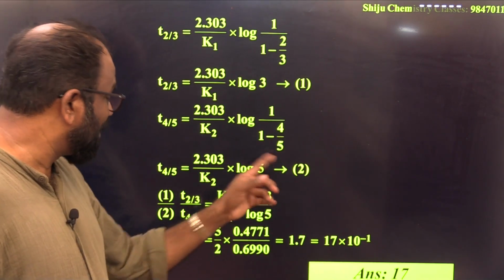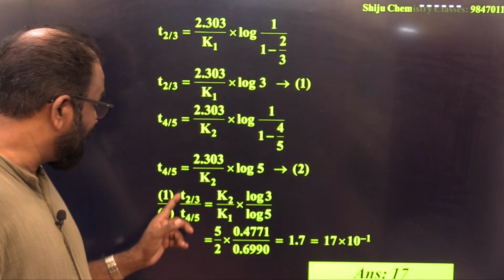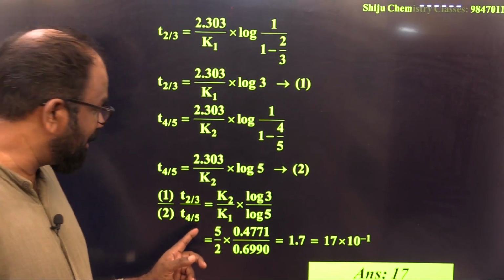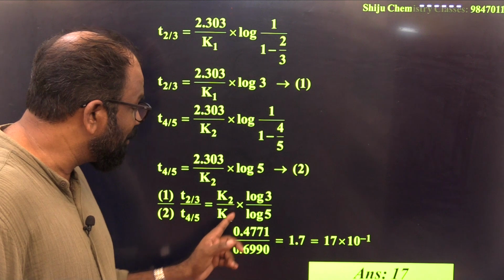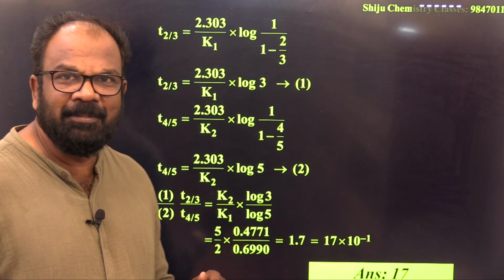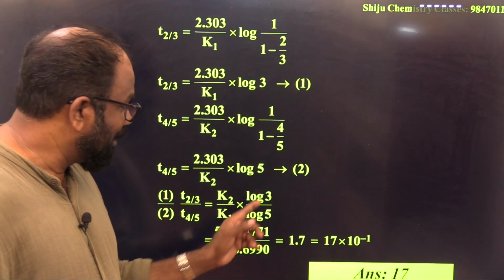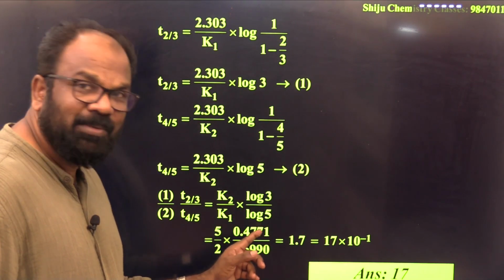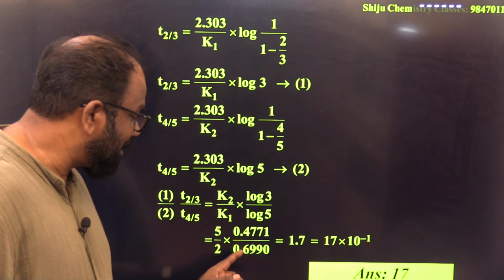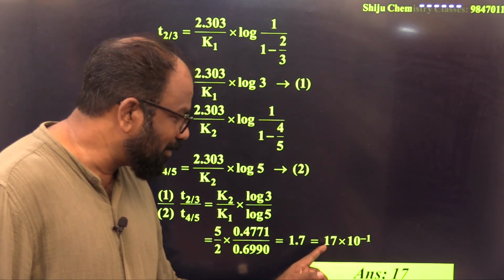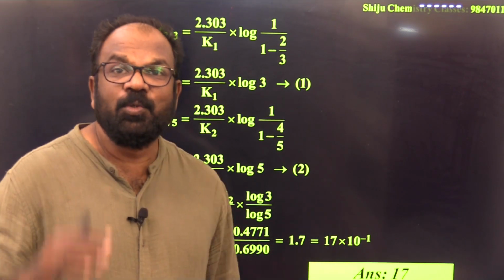Dividing equation number 1 by 2, that is T2 by 3 of first reaction divided by T4 by 5 of second reaction is equal to K2 by K1 into log 3 divided by log 5. K2 by K1 is given as 5/2 and log 3 is 0.4771, log 5 is 0.6990. This is equal to 1.7, that is equal to 17 into 10 raised to minus 1. So here the answer is 17.